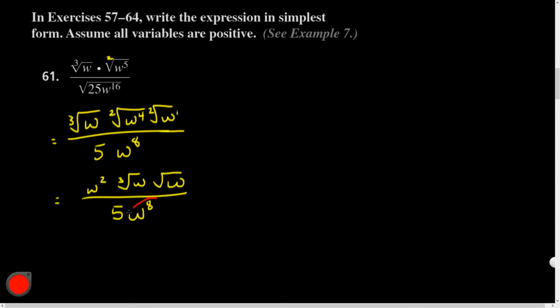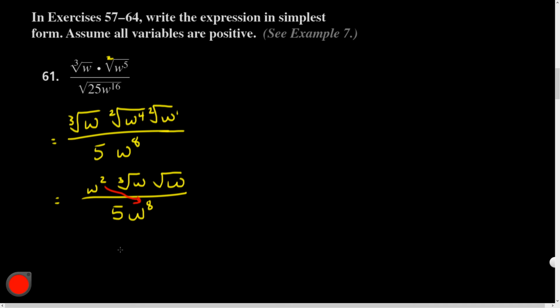There is something that I can simplify, which is this, and there's a bunch of different ways you can think about it. You could subtract the exponents, and then it'd be negative, so you'd move it back down, giving a w to the 6th in the denominator. You could subtract the little exponent from the larger one: 8 minus 2 is 6.